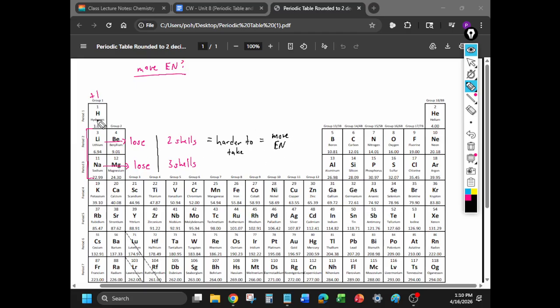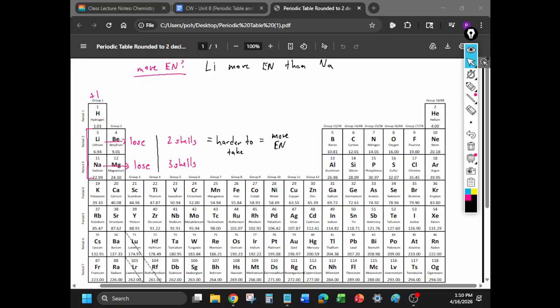So between the two, lithium is more electronegative than sodium. That would be the reason why: it has 2 shells versus the 3 shells. That's the thought process you want to go through. First, look at whether it wants to gain or lose. If it's the same, then you move on to the shells. And then you move on to the protons if the shells are the same.